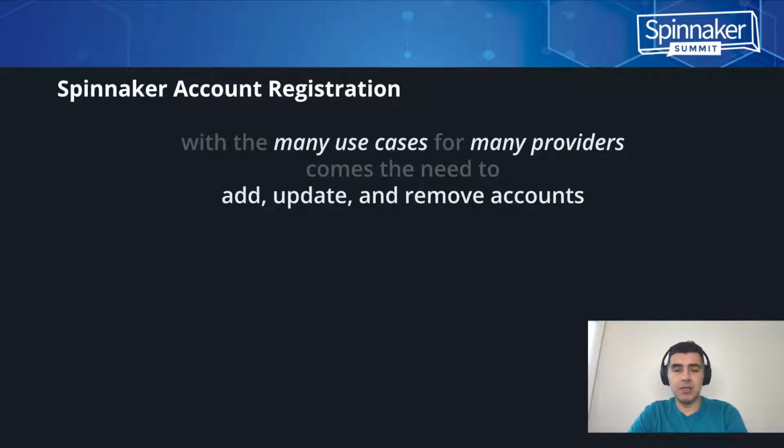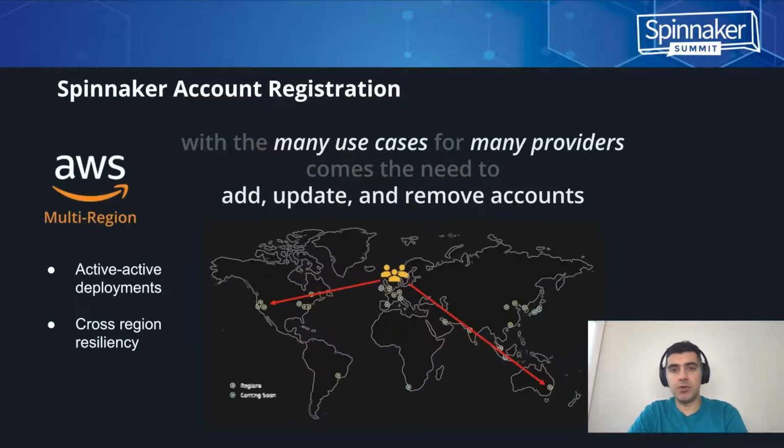Now you may ask, what are the examples when I have to constantly modify, update, or remove account information? One example is multi-region support for AWS services. Let's say you want to improve the resiliency of your application or make it available to your users in different parts of the world.